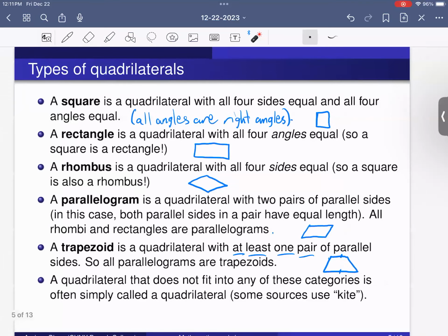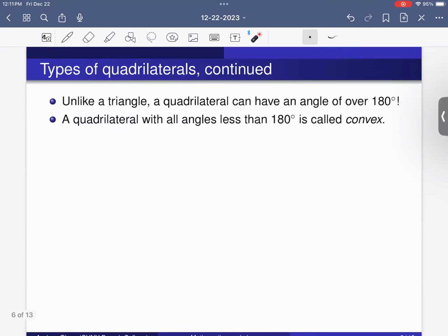Okay, so let's do types of quadrilaterals. So I'll just mention, unlike a triangle, a quadrilateral can have an angle of over 180 degrees, just like this one that we showed, right? We have this quadrilateral from the problem. Let me just try to draw it a little better.